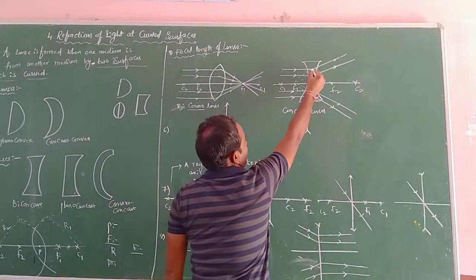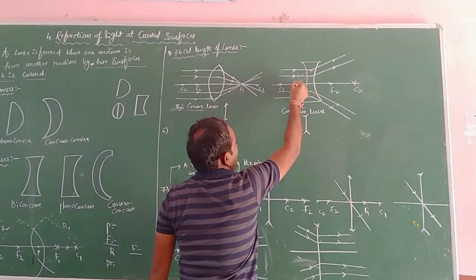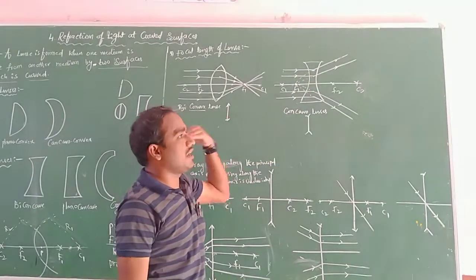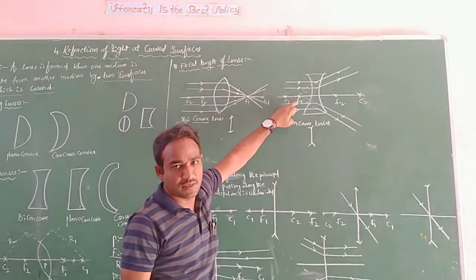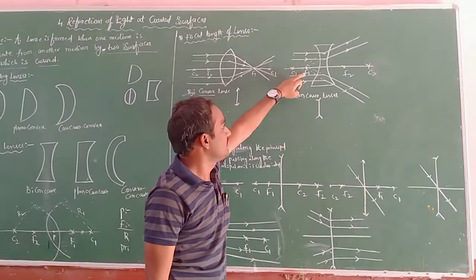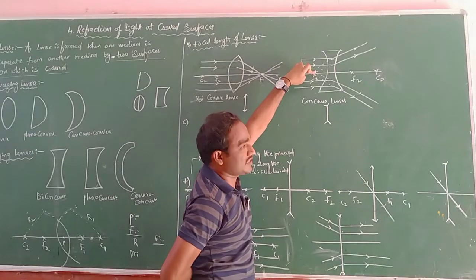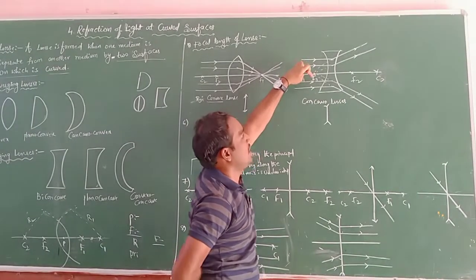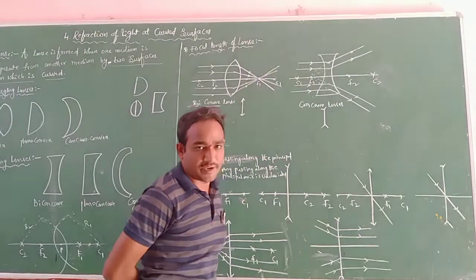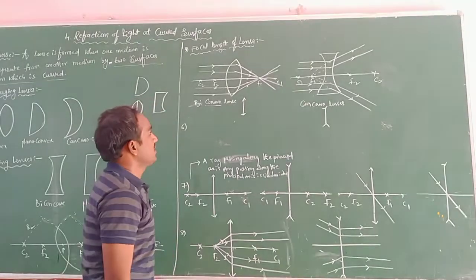If you extend those refracted rays backwards, they appear to come from the focal point. So that is the normal line, and the refraction lines extended backwards meet at the focal point. That is what we understand.